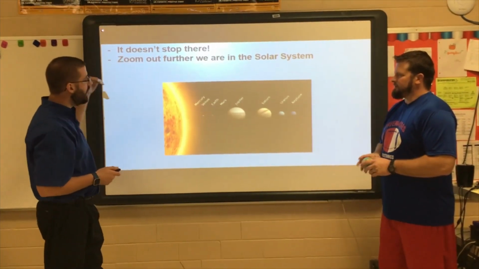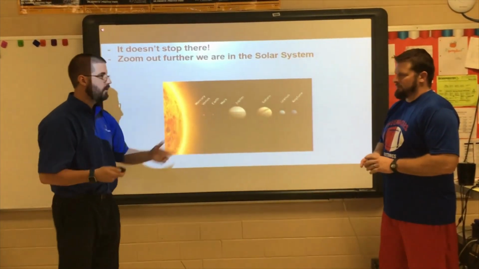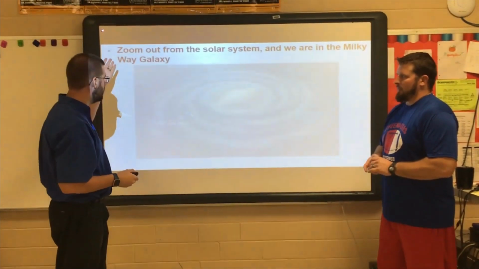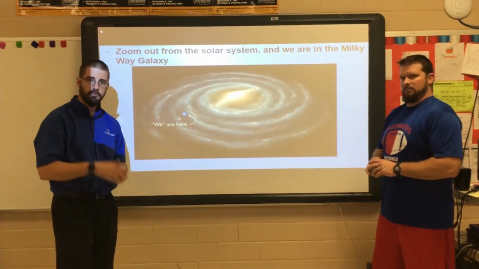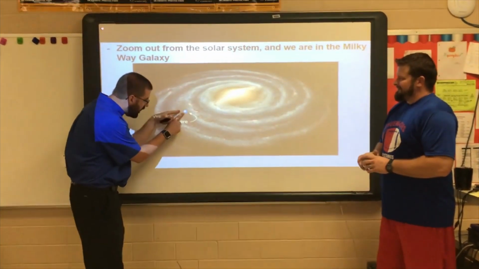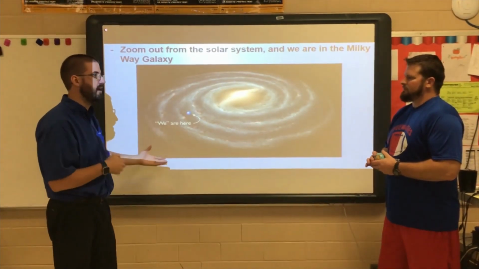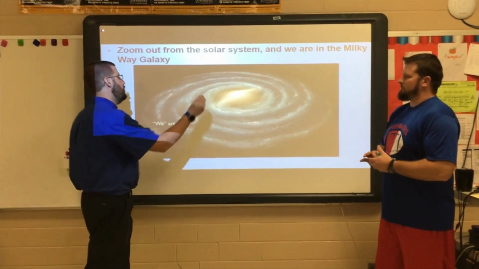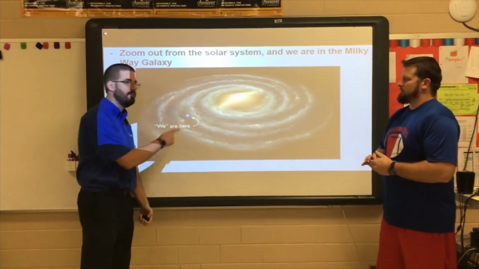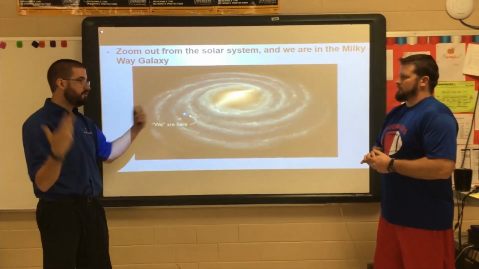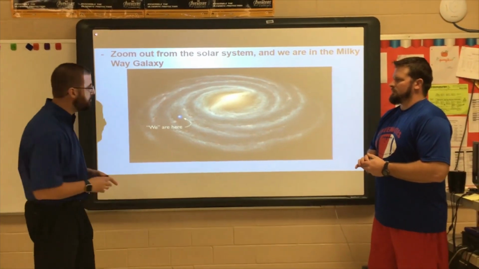So if we zoom out from the solar system, we get the Milky Way galaxy. In fact, this dot right here is where our solar system is inside this galaxy. So you would take the galaxy, zoom in on that dot right there, you would see our sun, and then you'd zoom in and boom, you would see Earth.